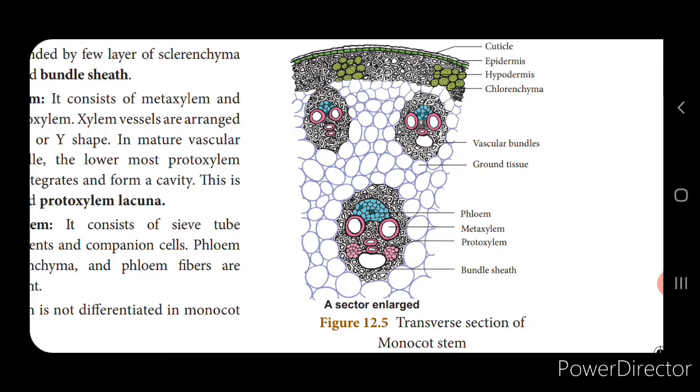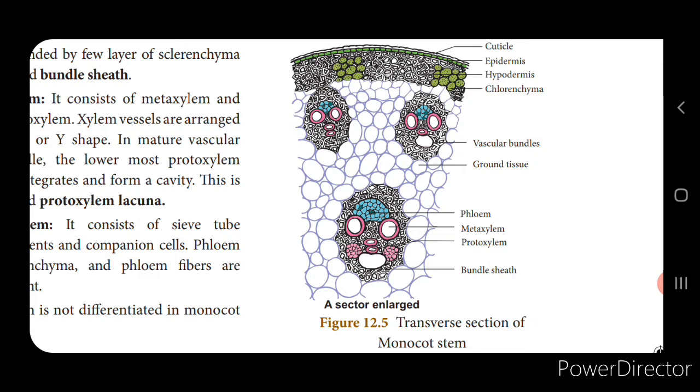Now we'll talk about the xylem and the phloem that is present inside the vascular bundle. Now you can see the large xylem which is present in a bigger size, and the small cells of the xylem that are present. So two different sizes of xylem appear in the vascular bundle, isn't it?